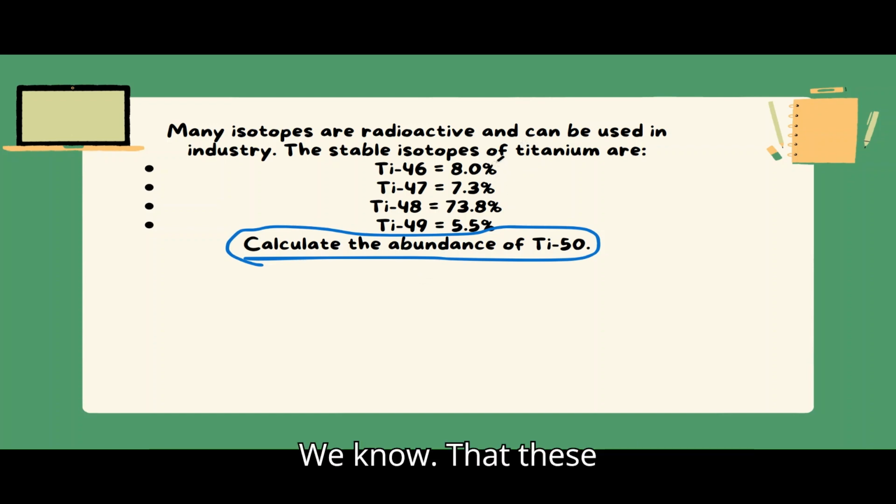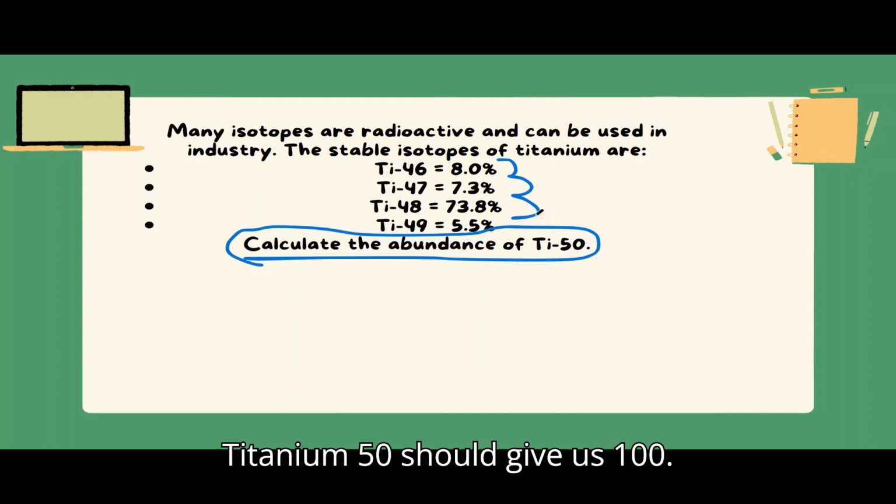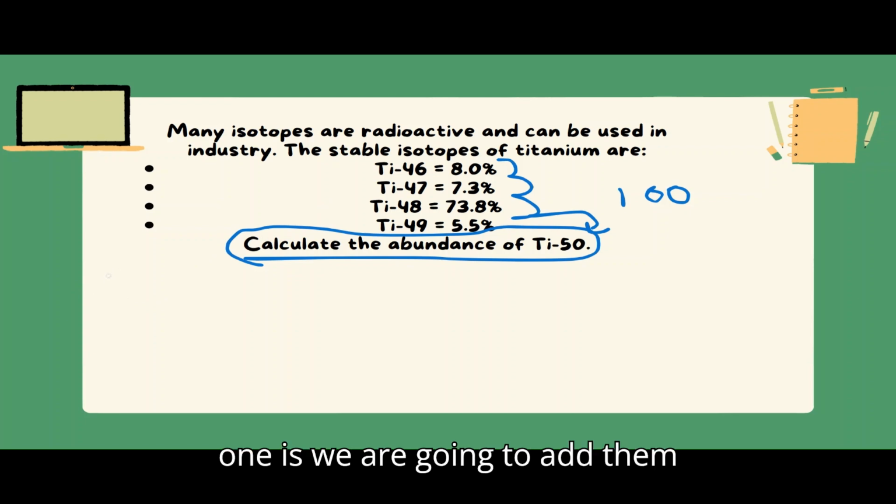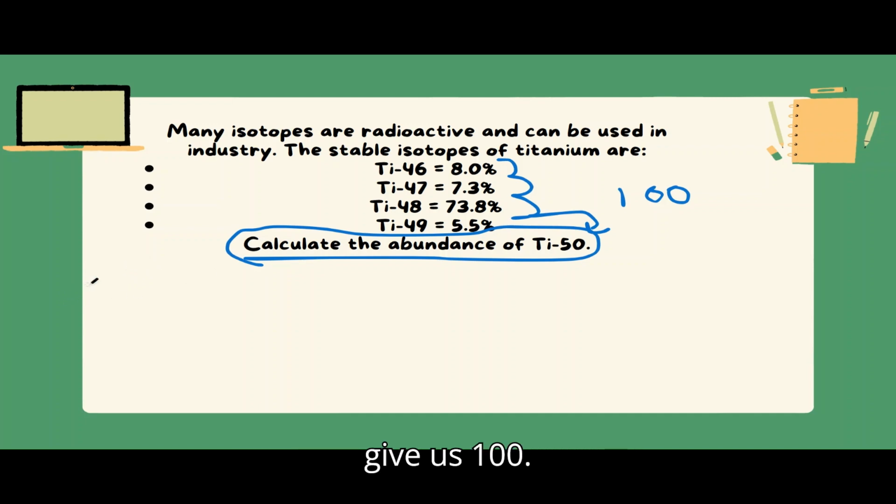We know that these percentages together with titanium 50 should give us 100. Okay, so let's go and add them together. So first step one is we are going to add them together. Let's see, it needs to give us 100.